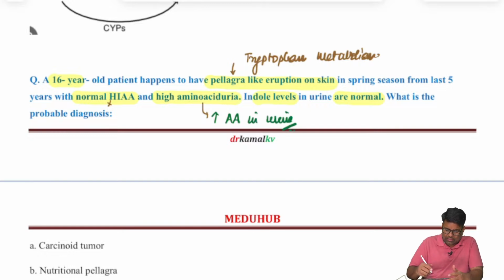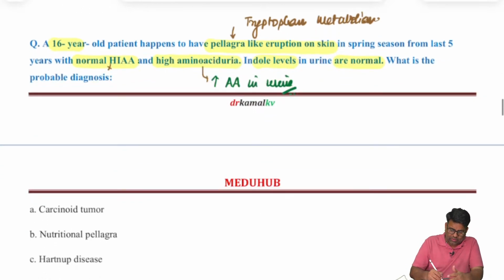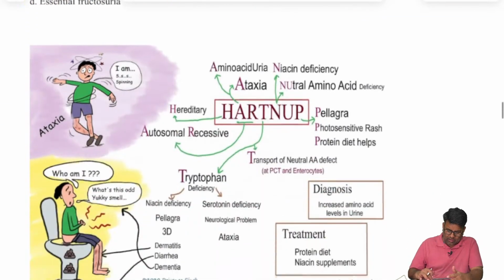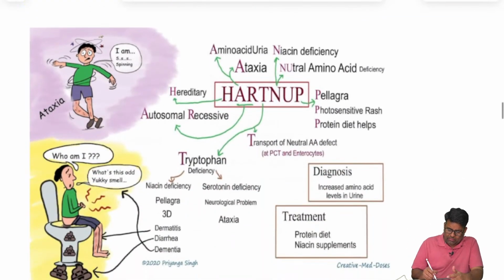So this is a classical case of Hartnup disease, right? This is a classical presentation of Hartnup disease, and this Hartnup disease is actually a tryptophan deficiency. Therefore you have the classical dermatitis as that of pellagra, and there is increased amino acid levels in urine.